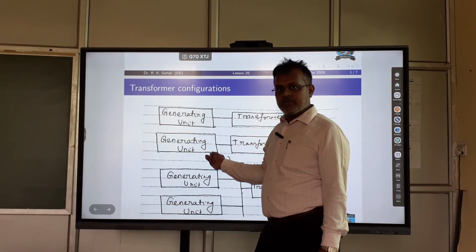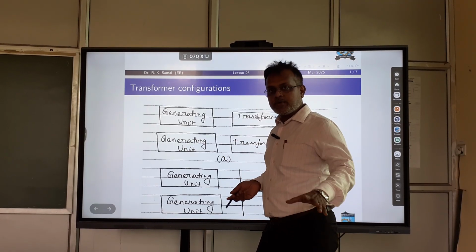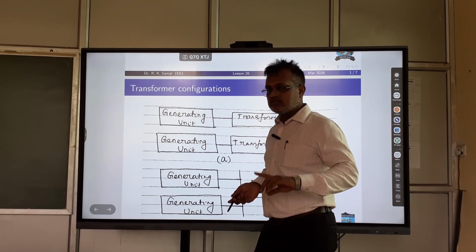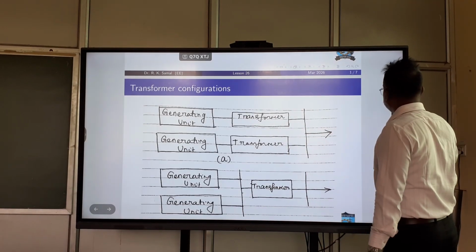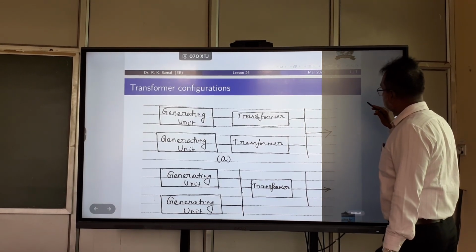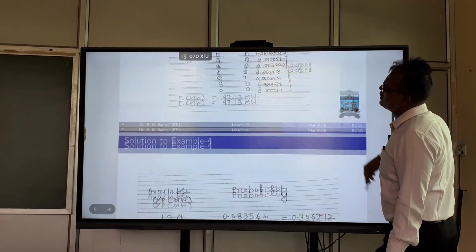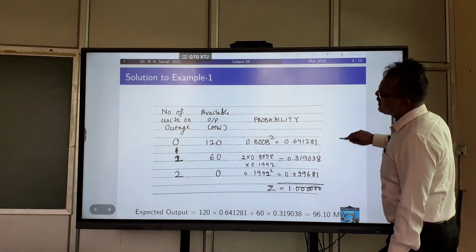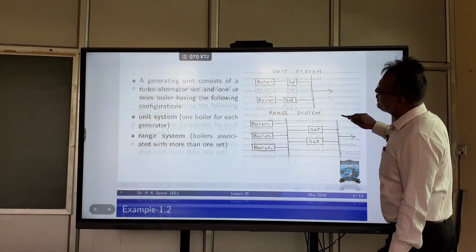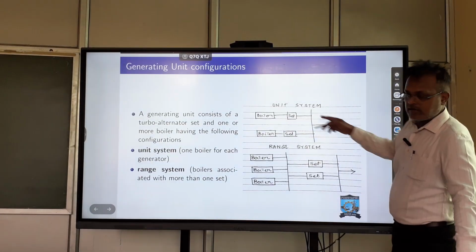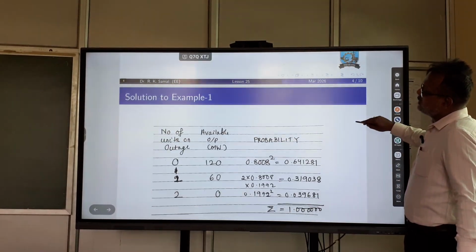Here again one boiler, one generator. There are availabilities we have already calculated. Question number 1 is example 1, and we computed this.